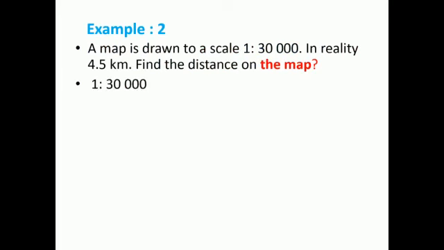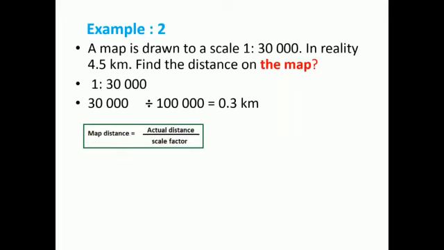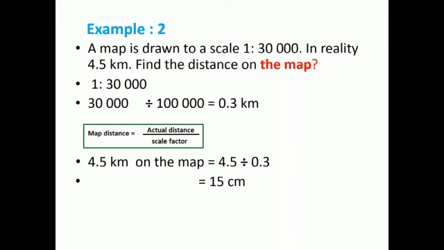You have to take the scale factor 1:30,000, change into kilometer, write the formula, apply the values, and you will get 15 centimeter on the map, that is the distance between the things. Okay, this is about map distance, the actual distance divided by scale factor.